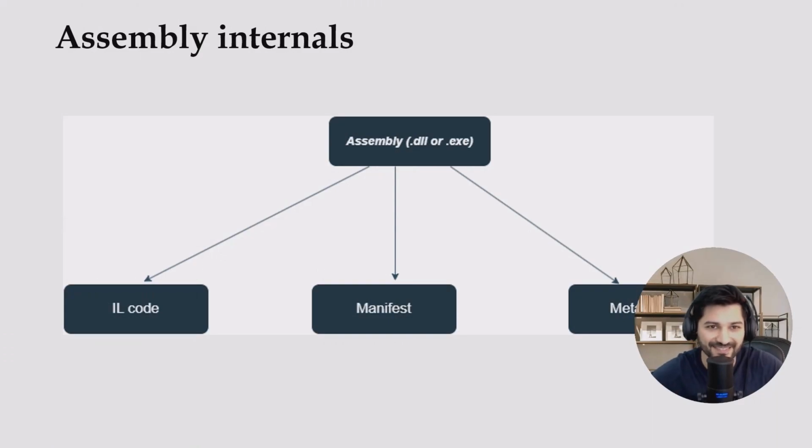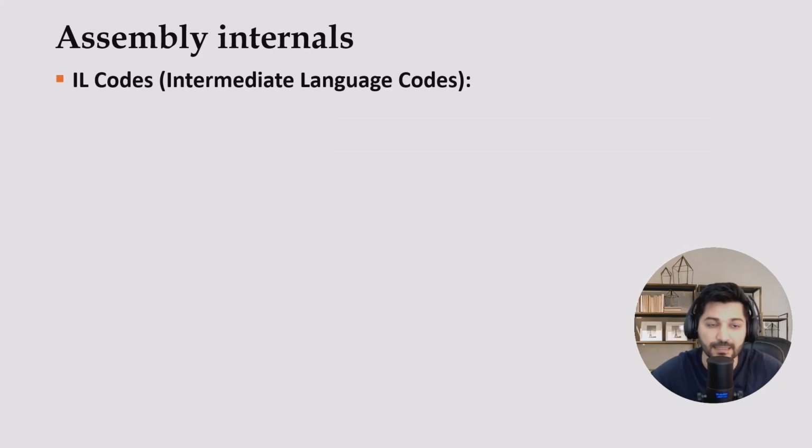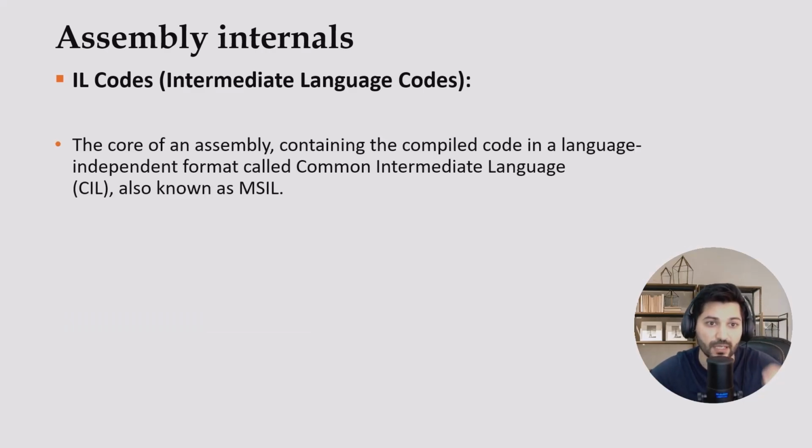So far, so good. So let's try to understand the assembly internals. Our assembly file, actually the DLL and exe files we created, consist of IL code, manifest, and metadata. So IL code. IL is intermediate language, the core of an assembly containing the compiled code in a language-independent format called Common Intermediate Language.